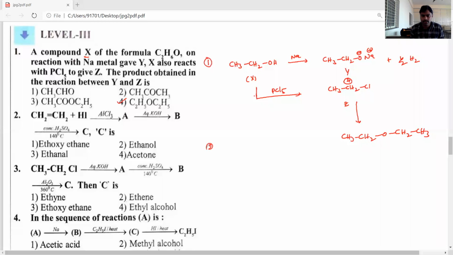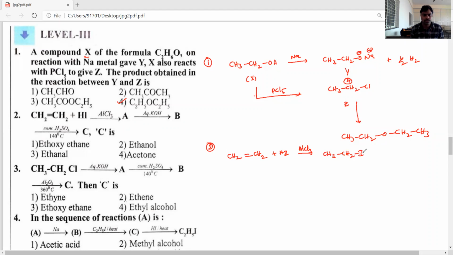The second one: ethene reacts with HI in the presence of AlCl3, which means addition of hydrogen iodide. The product is CH3CH2I, ethyl iodide.